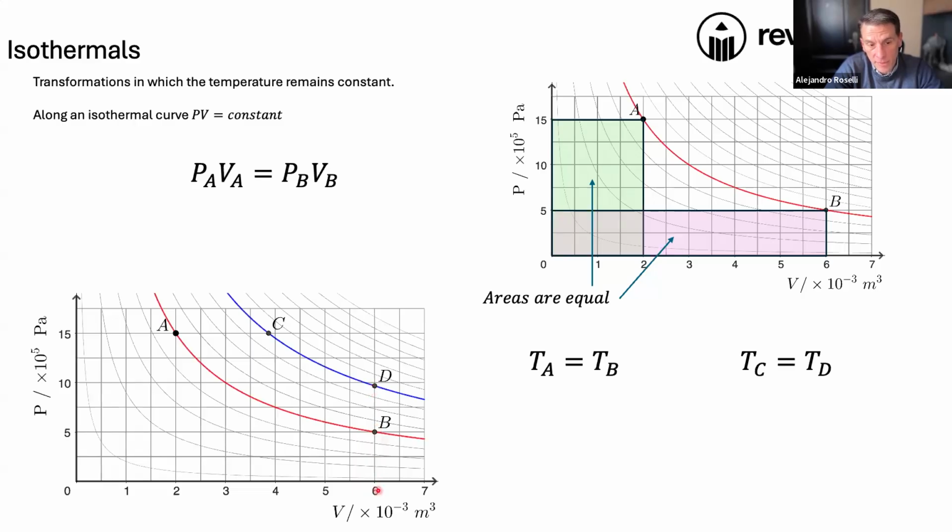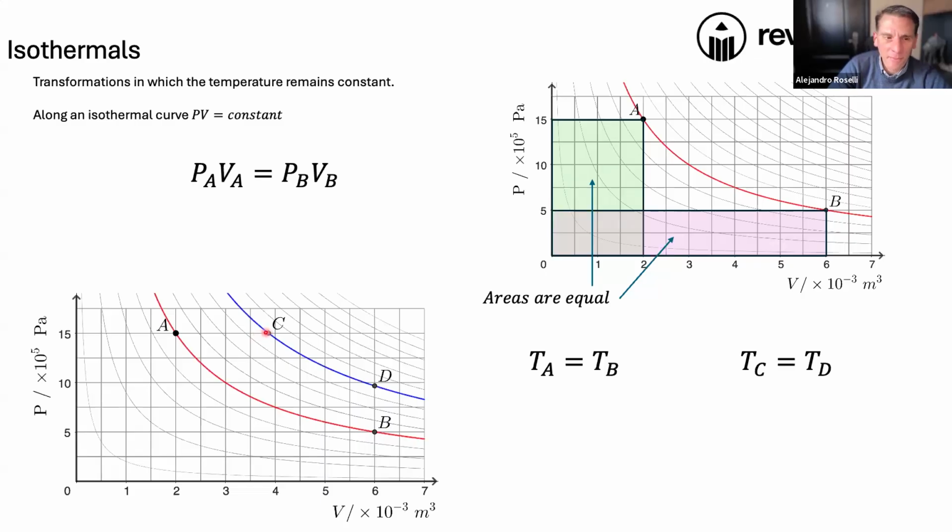That transformation would take place at constant volume. They share the same volume, and there's an increasing pressure from B moving up to D. At constant volume, an increase in pressure means that the temperature is increasing. The same goes for the transformation from A to C, which would be at constant pressure with volume increased.